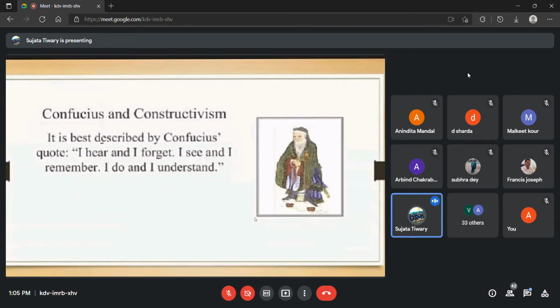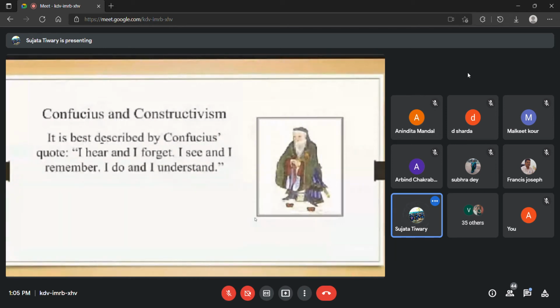Let's see what the great Chinese philosopher Confucius says about constructivism. It is best described by this quote of Confucius: I hear and I forget. I see and I remember. I do, I understand.